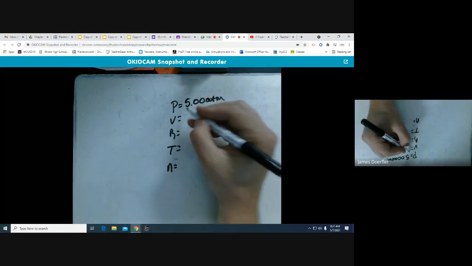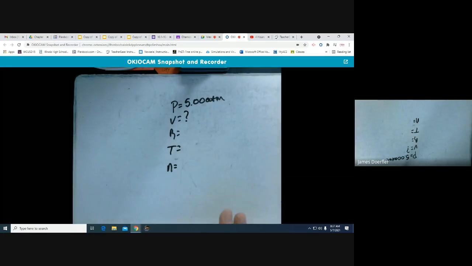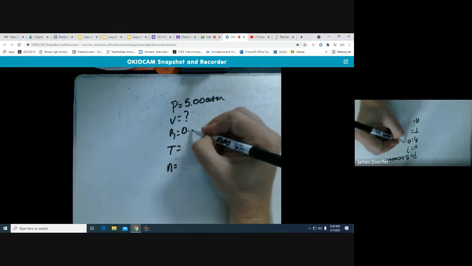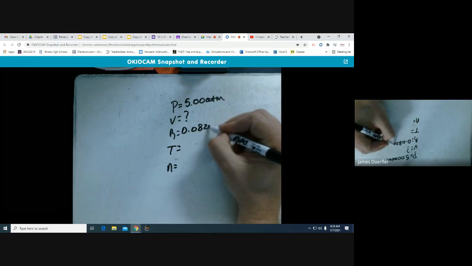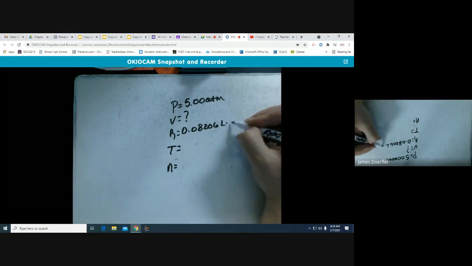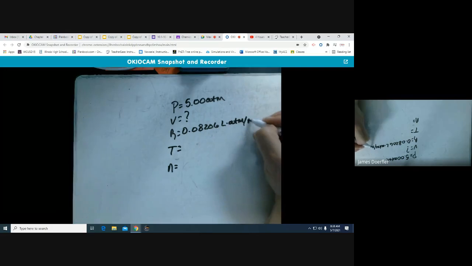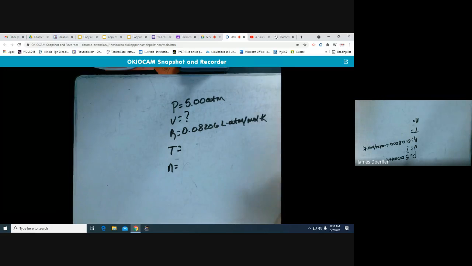Volume is what we're solving for. Again, R is 0.08206 liters times atmospheres over moles times Kelvin. Temperature was 850 degrees Celsius.